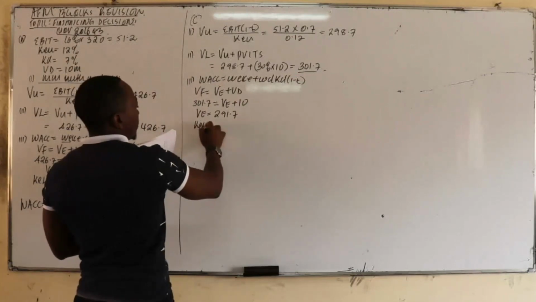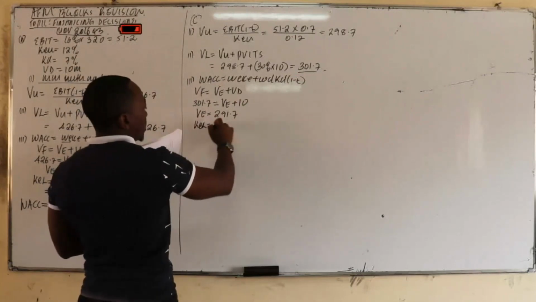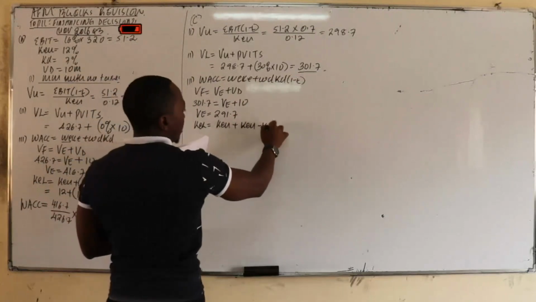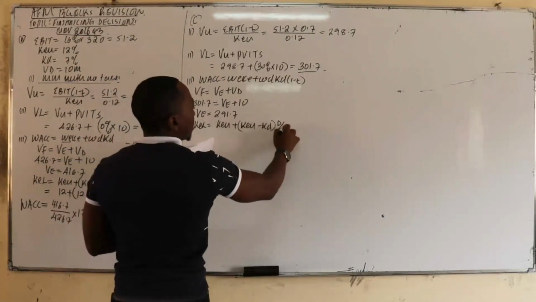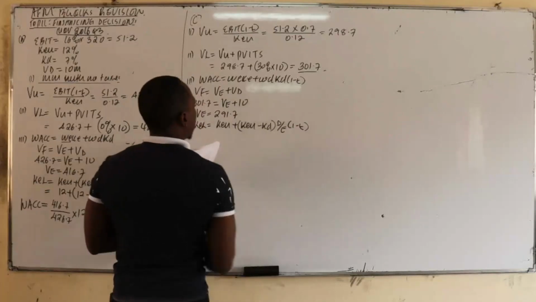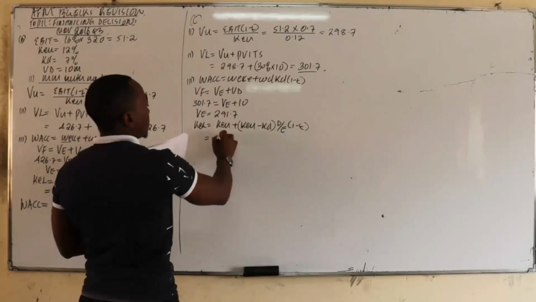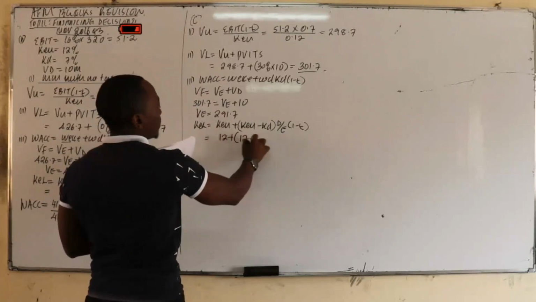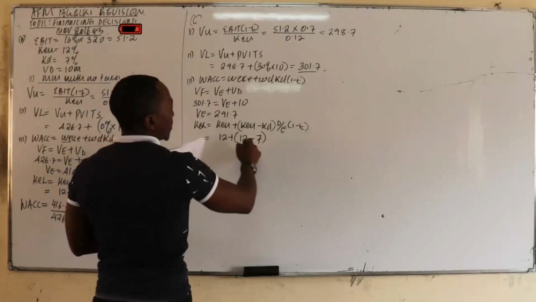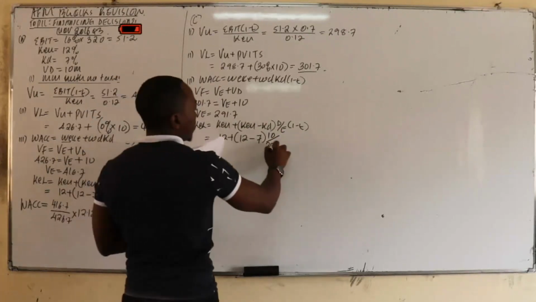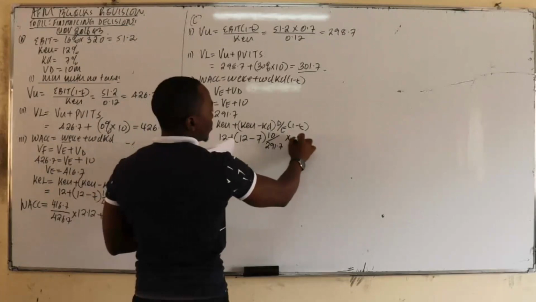Cost of equity of geared firm under the MM world is the cost of equity of ungeared plus cost of equity of ungeared minus the cost of the debt, debt over equity, 1 minus T. Cost of equity of ungeared firm was 12% plus 12. Cost of the debt is 7. The debt is 10. Value of equity is 291.7 times 0.7.